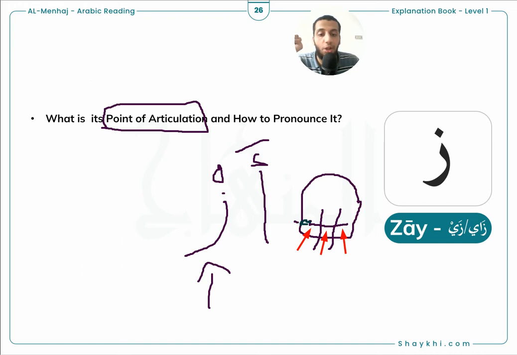Now the tip of the tongue, which is this part, will touch the edge of the lower two incisors, and then the sound passes between the upper and lower front incisors.